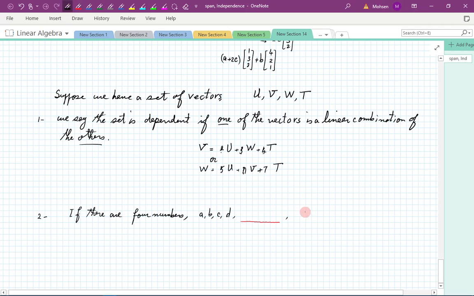If there are 4 numbers such that first number times U plus second number times V plus the third number times W plus the fourth number times T is equal to 0, then we say the set U, V, W, and T is dependent.